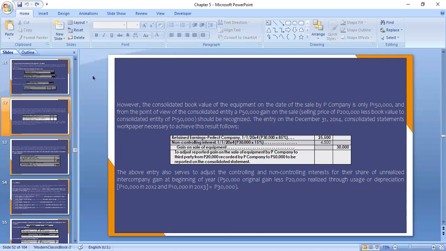So debit to retained earnings of the parent, January 1, 2024, 30,000 multiplied by 85%, and debit to non-controlling interest at 4,500, 15% of 30,000.